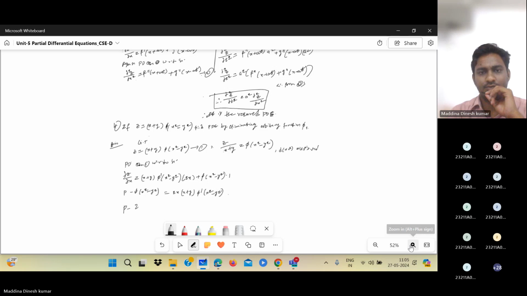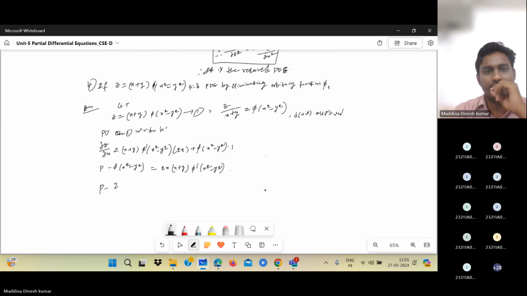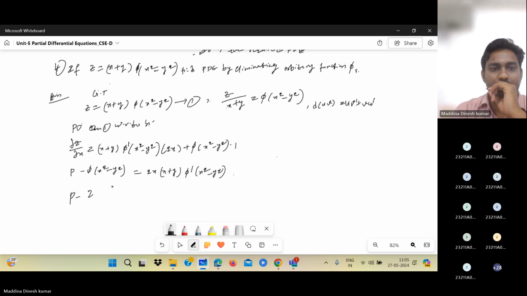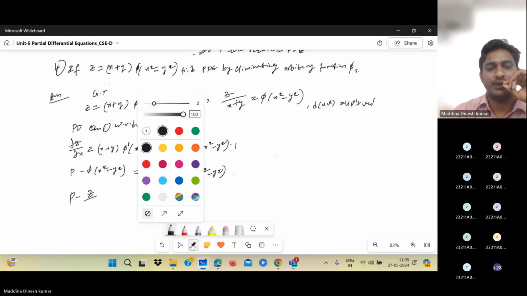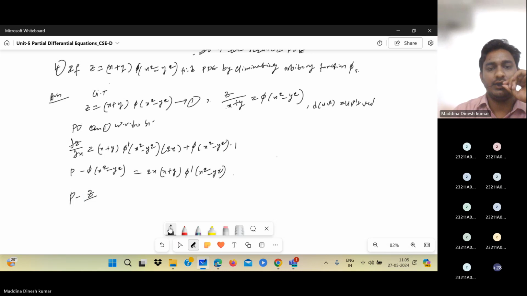Here this one. In place of the pi function, we can write z by x plus y, 2x into x plus y pi dash of x square minus y square.